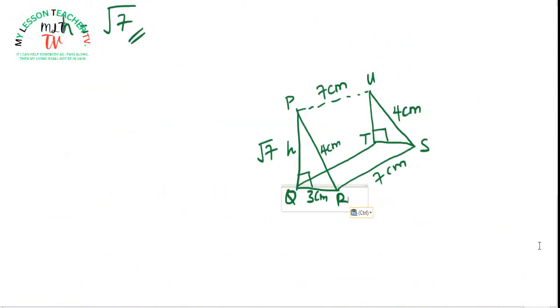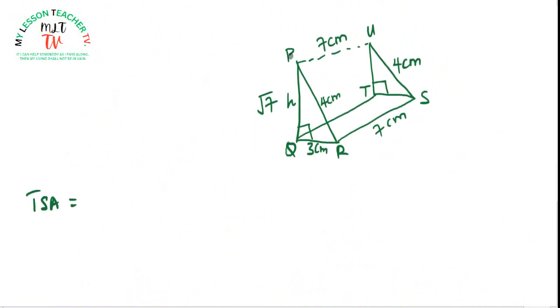So the total surface area is equal to 2 times the area of triangle PQR, and the area of a triangle is half base times height. That is half times the base of that triangle, which is 3, while the height is root 7, plus the area of the base rectangle, and the area of a rectangle is length times breadth.